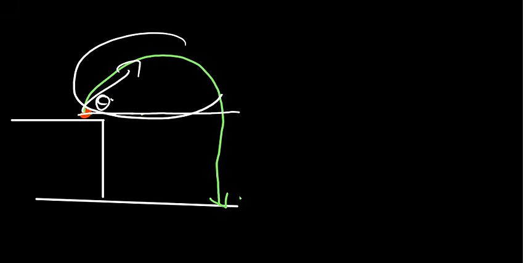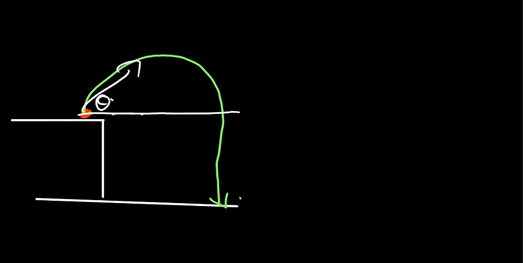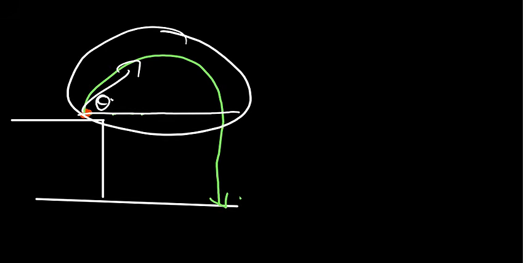What you have to understand is that you are going to project this at an angle theta. This part here is the second trajectory. The down part here is the first trajectory.